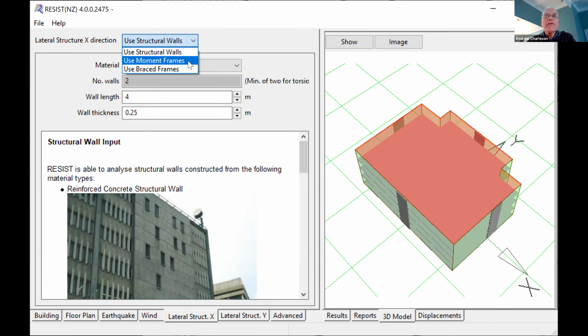We can use moment frames, or we can use braced frames. You choose. As the designer, it's your choice. And you base your choice on those two criteria: program and your design concept.